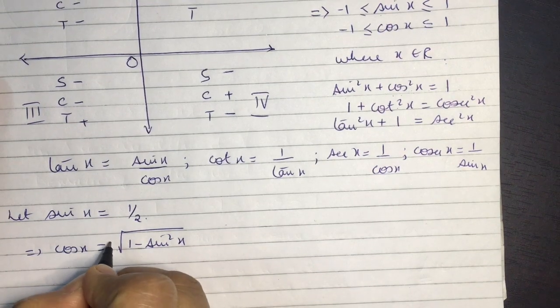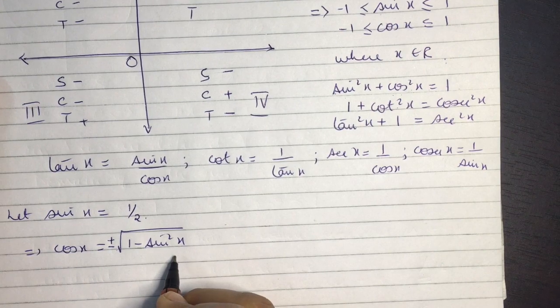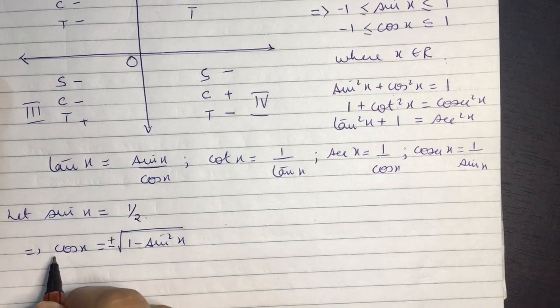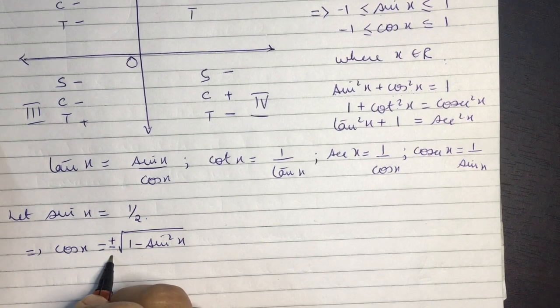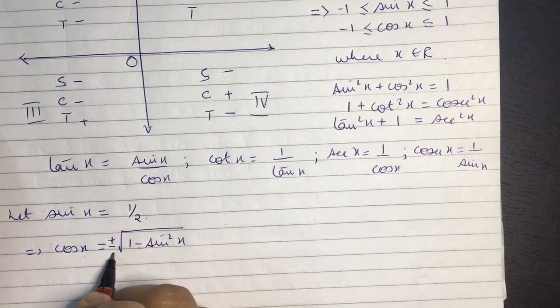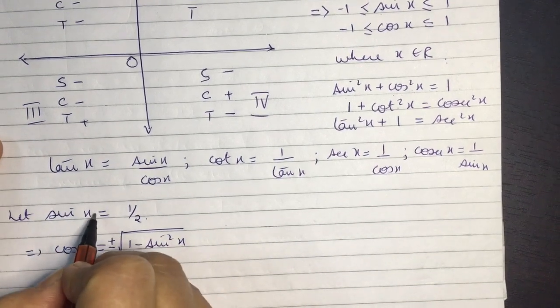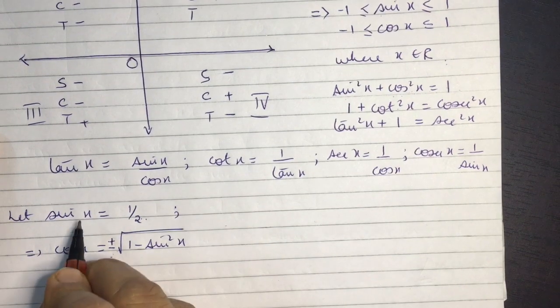Now this would be plus and minus, because whenever we take a square root, we have to take both plus and minus. Now how do we decide whether cos is positive or negative?